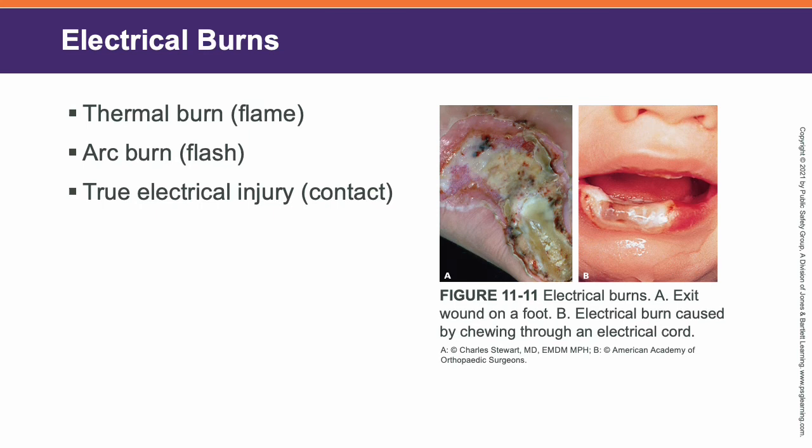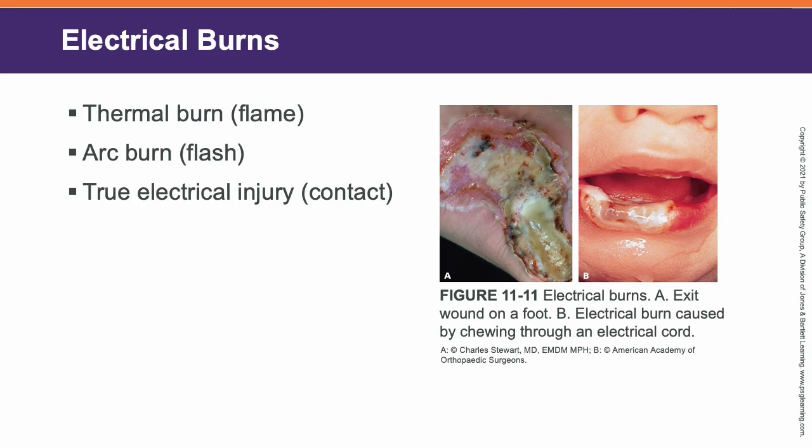So put a star by this because this is a quiz question. It's also a question on the final, okay? So true electrical injuries are the only electrical burns that have both an entrance and an exit wound, okay? That means there was enough electricity in contact with the body that it went in and came out, which means it creates two wounds and also damages everything in between.